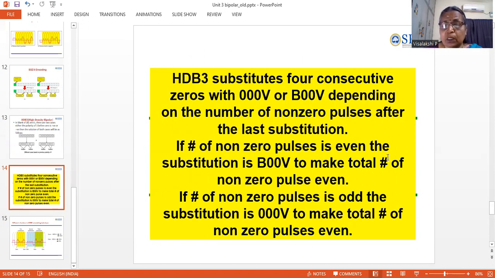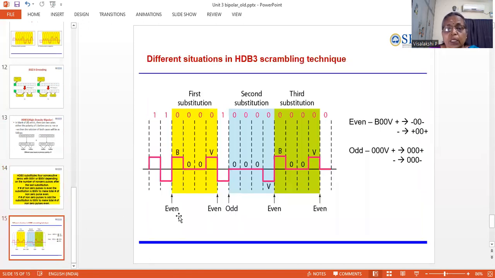If the number of non-zero pulses is even, the substitution is B00V to make the total of non-zero pulses even. And if the pulse count is odd, we need to have a 000V to make the total of non-zero pulses even. So based on it, the first substitution will take a 4-digit pattern, that is 000V.